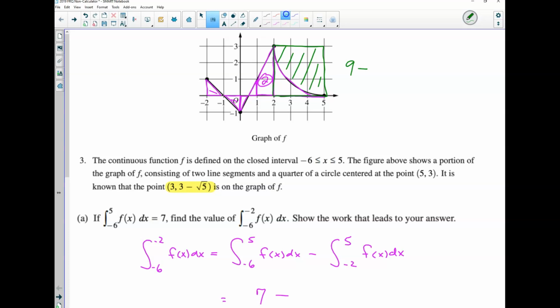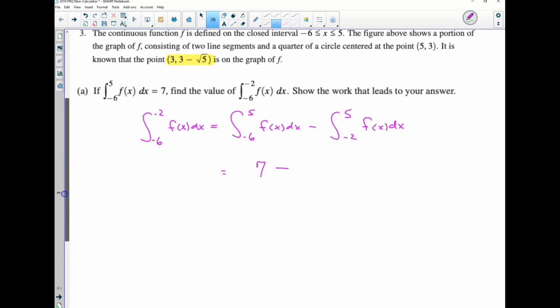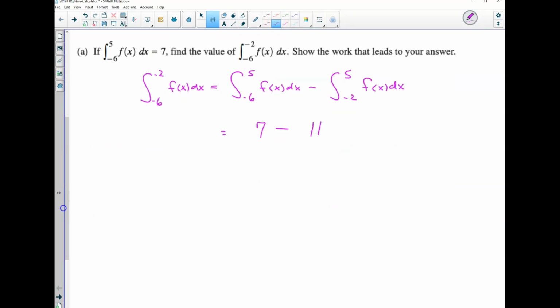We divide that by 4, so we get 9 pi over 4 should be my area right in there. If I add those two together, I get 11 minus 9 pi over 4. So I come down and I say minus 11 minus 9 pi over 4.